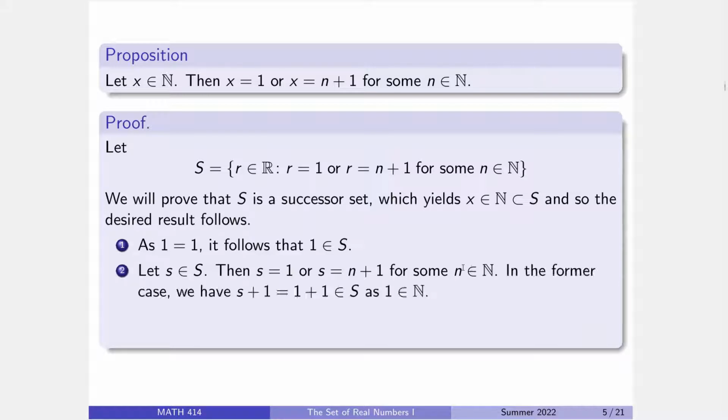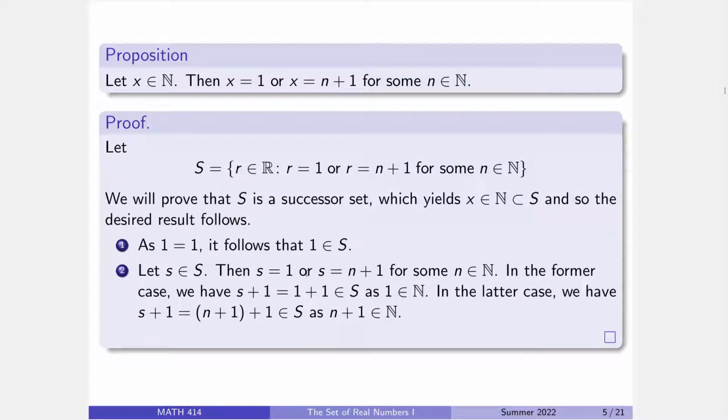Well, in the former case, if I add 1, then I get 1 plus 1, which must belong to S, because 1 is a natural number, and s plus 1 is 1 plus a natural number. And in the latter case, s plus 1 is n plus 1 plus 1. Well, n plus 1 is a natural number, because n is a natural number. Again, the set of natural numbers is a successor set.